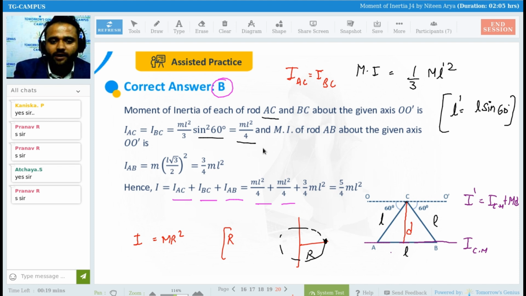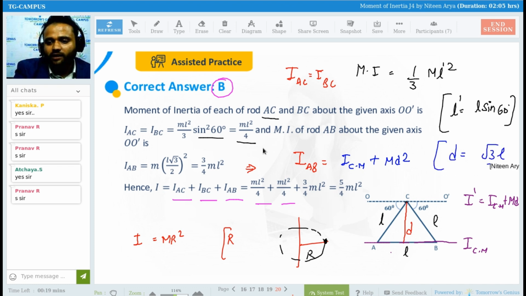But for IAB, I am going to apply the parallel axis theorem. So IAB is nothing but I center of mass plus MD square, where D is root 3 L by 2.